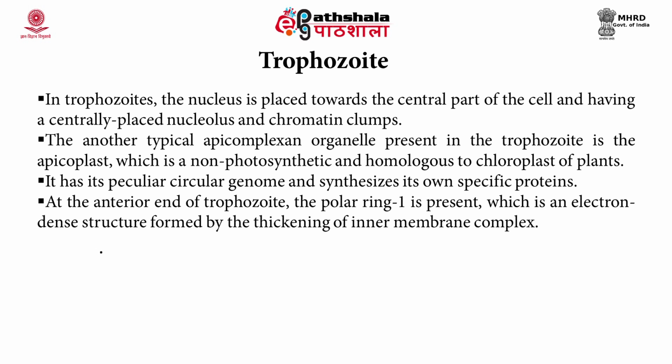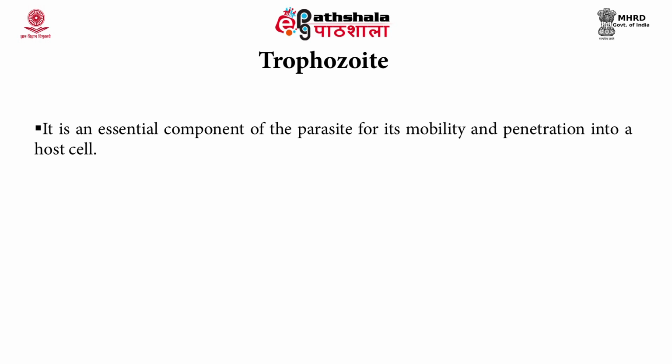At the anterior end of the trophozoite, polar ring 1 is present, which is an electron dense structure formed by the thickening of the inner membrane complex. It is an essential component of the parasite for its mobility and penetration into a host cell.